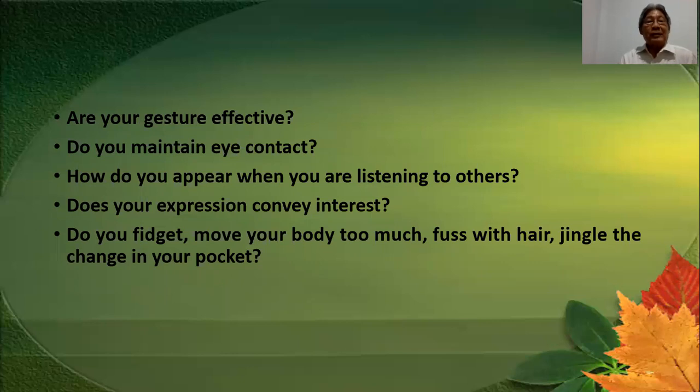Does your expression convey interest? Again, it depends on you. Be interested. If you are interested, then you are interested in the subject discussed.